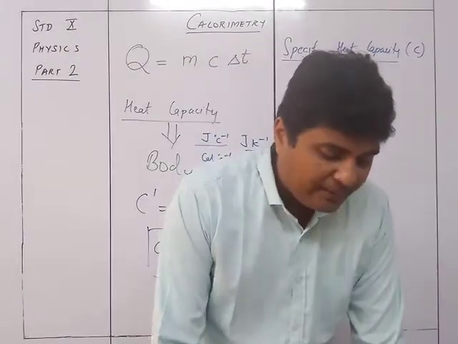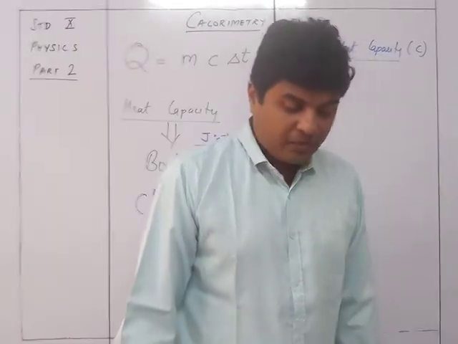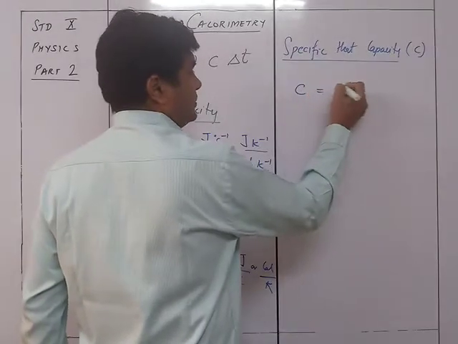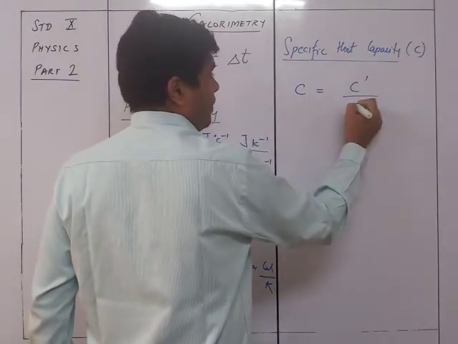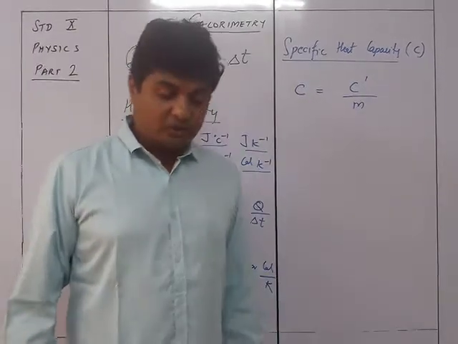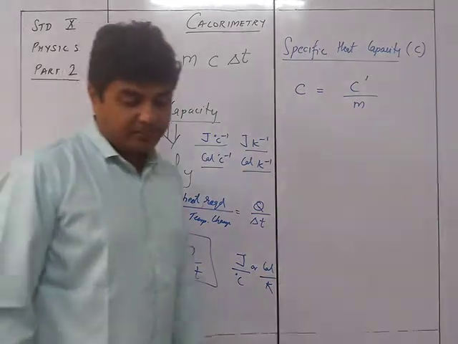Thus, the specific heat capacity of the substance is defined as the heat capacity per unit mass of the body of that substance. So specific heat capacity is equal to C dash upon M, that is, the heat capacity of the body upon the mass of the body.